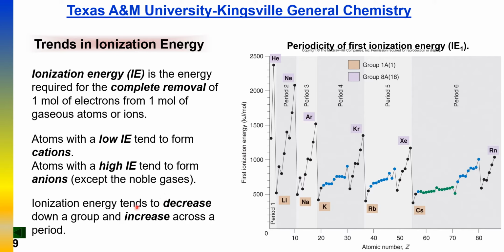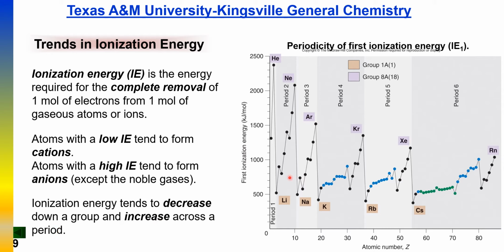Ionization energy tends to decrease down your group. In the same group, ionization energy decreases. Ionization energy tends to increase across a period.